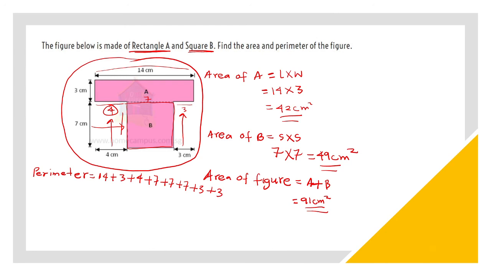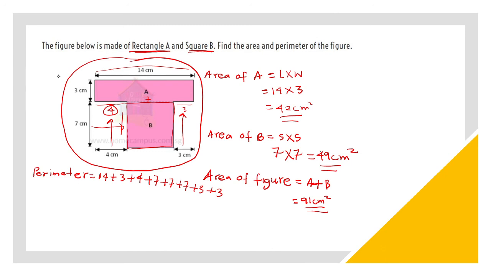You get 14 plus 3 plus 7 plus 7 plus 7 plus 3. So that's how you find the perimeter of your diagram. That's how you add it. All right, so what do you get?